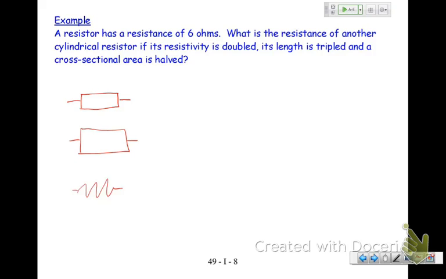So this is one of these ratio problems. So this is 6 ohms. What's the resistance of another cylindrical resistor if its resistivity is doubled? So R new over R old equals rho new L new over A new over rho old L old over A old.